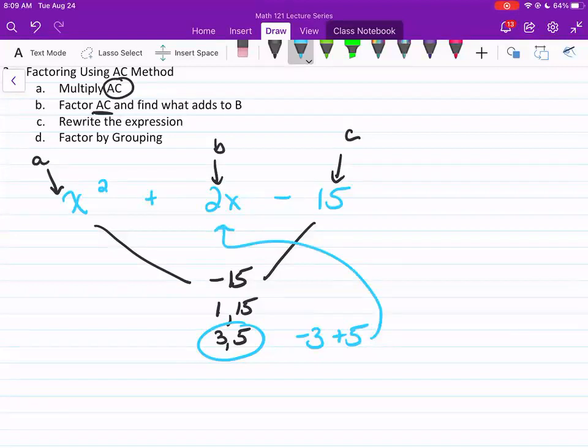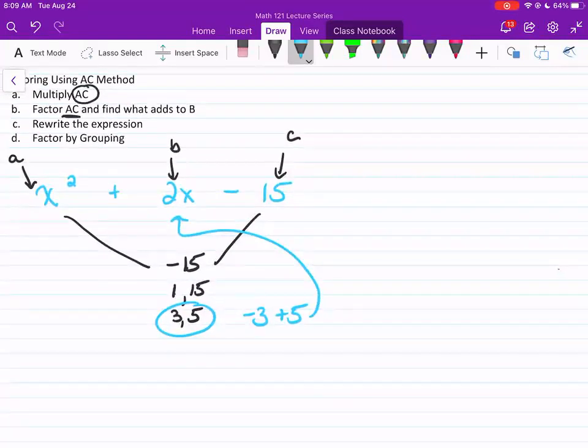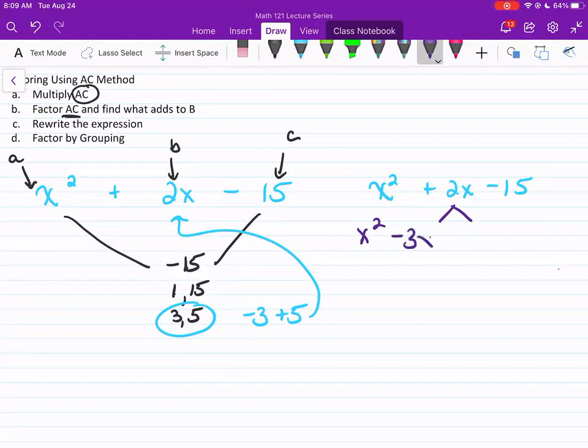And then I'm going to rewrite the expression. So this is going to become x squared plus 2x minus 15. I'm going to rewrite it, splitting this term into those factors we just found. So it'll be x squared minus 3x plus 5x minus 15. This is the part that folks seem to forget most often, is splitting that term.